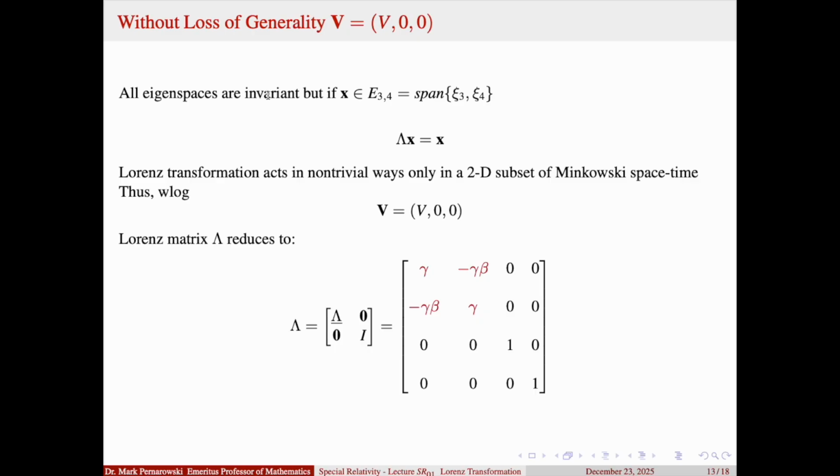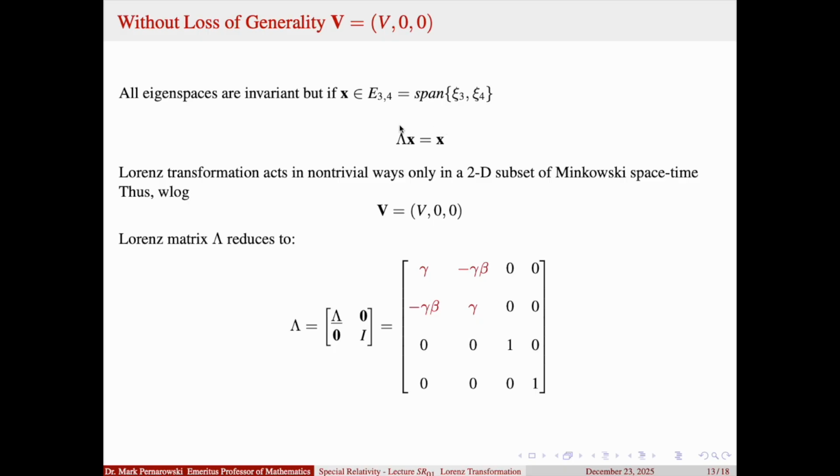All the eigenspaces are invariant, but the one that has lambda equal to 1 is a 2-dimensional eigenspace, and every vector in there is unchanged by the Lorentz transformation. Every single one, because the eigenvalue is 1. There's no stretching, nothing. So if I have a spacetime vector in Minkowski coordinates times lambda, it's just going to stay the same in the K prime coordinate system.